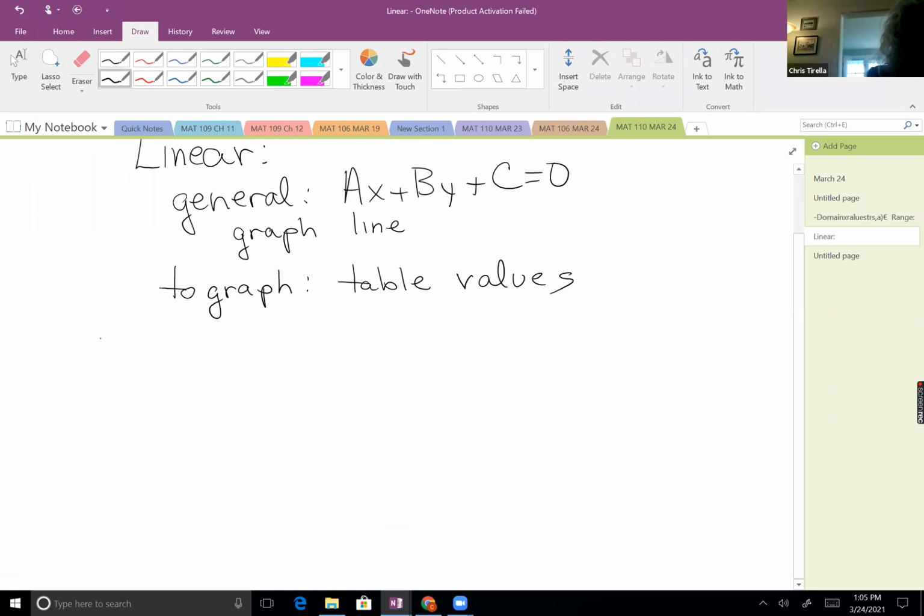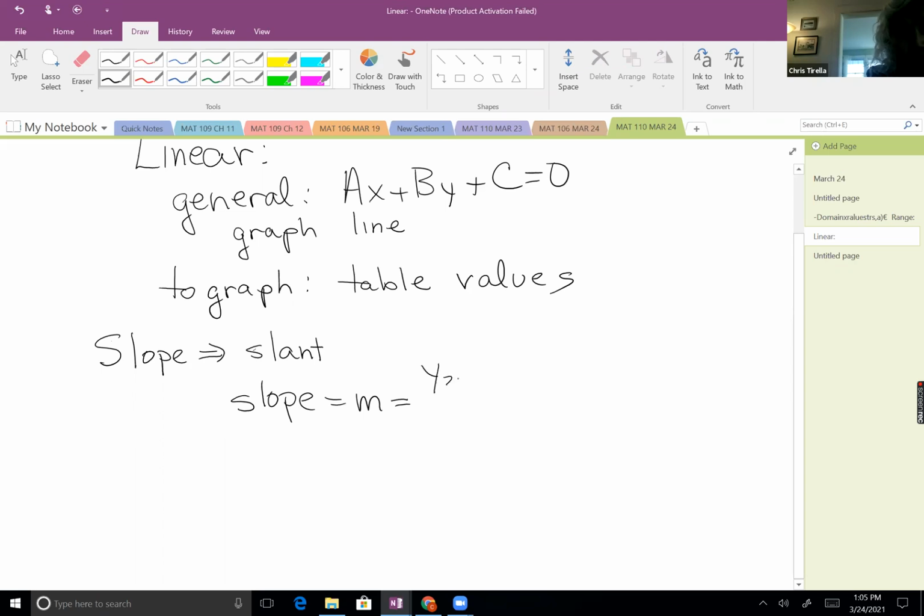Then we said we sometimes talk about the slope of a line, which just tells us something about its slant. And we said that slope is usually represented by a lowercase m.